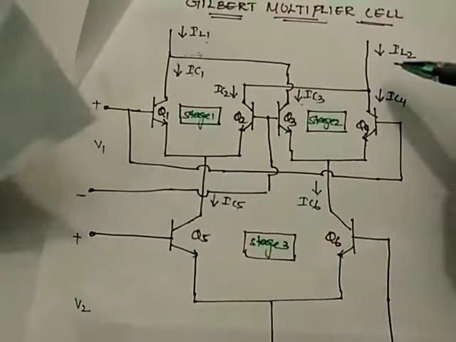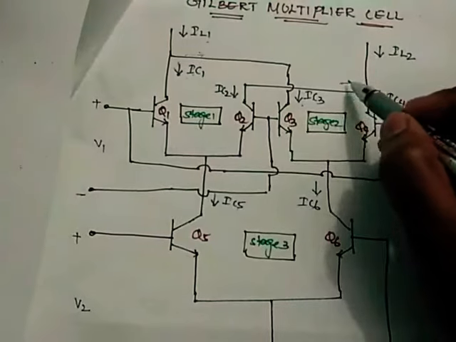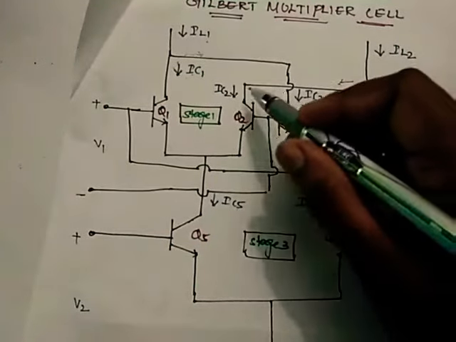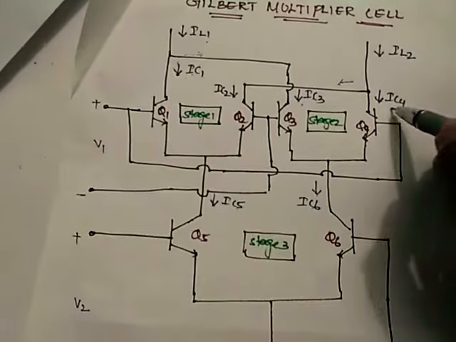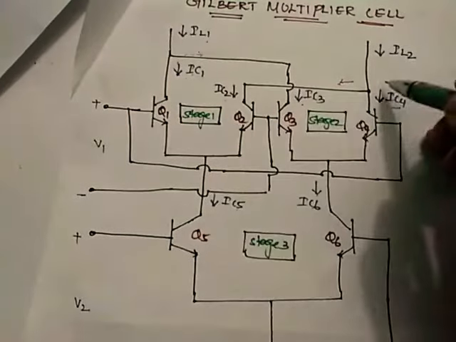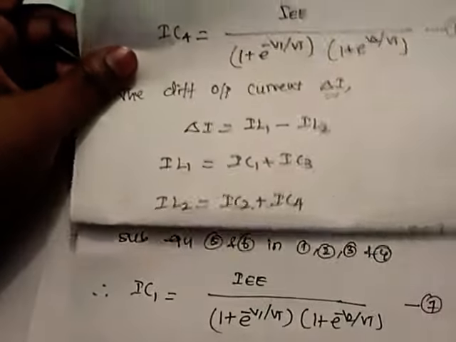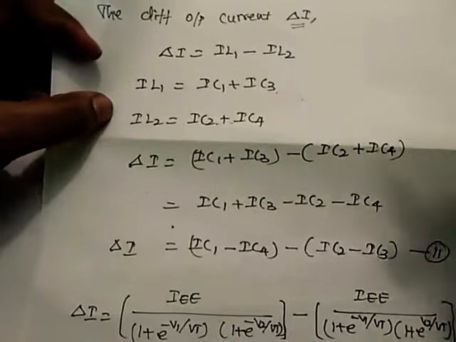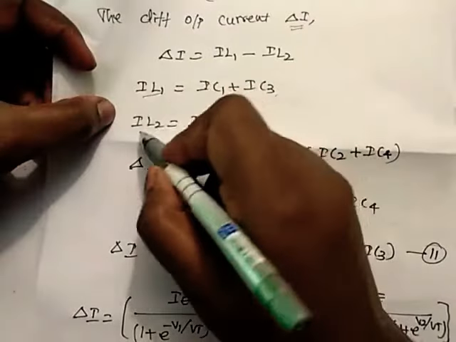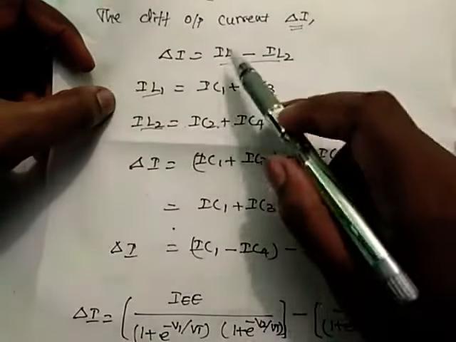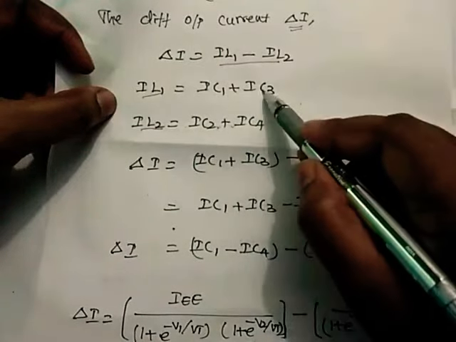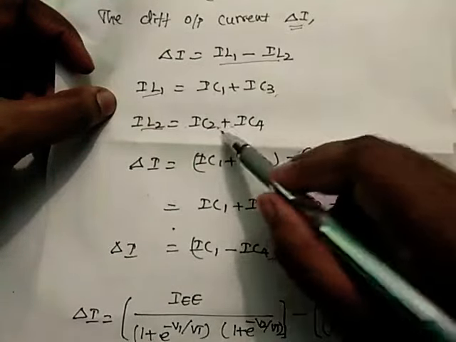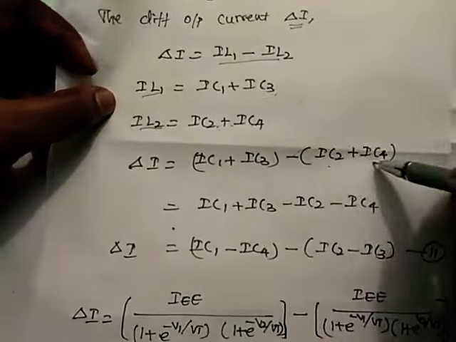The same way, IC2 can be split into two ways. That is, this current is IC2 and this current is IC4. So the addition of IC4 and IC2 is nothing but IL2. So IL2 is equal to IC2 plus IC4. Now substitute this IL1 and IL2 in this equation. So IL1 is IC1 plus IC3 minus IL2, which is IC2 plus IC4.